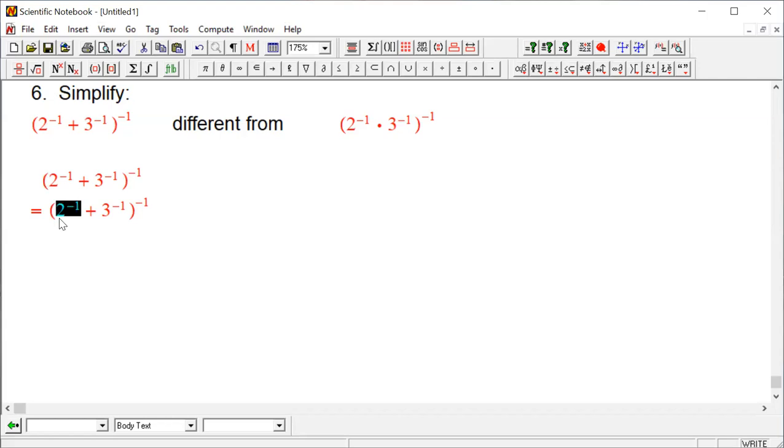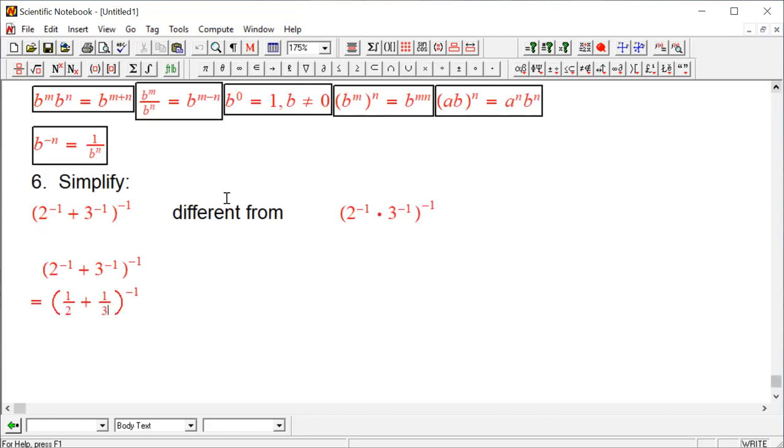So we're going to transform this to 1/2, and this is going to be 1/3. Right? We apply the negative exponents, so we applied that property over there.